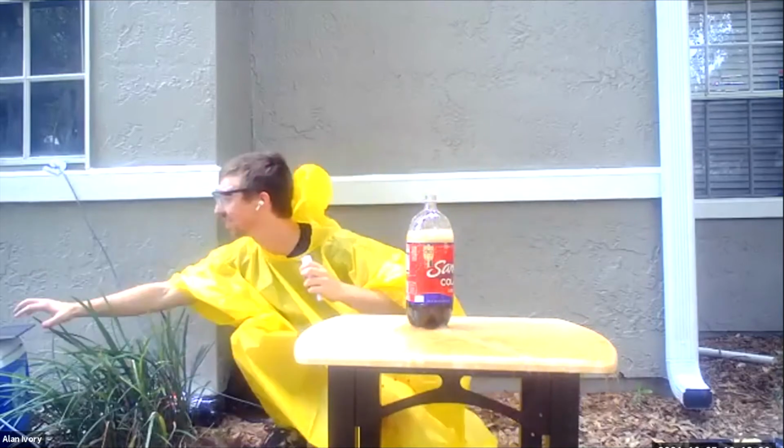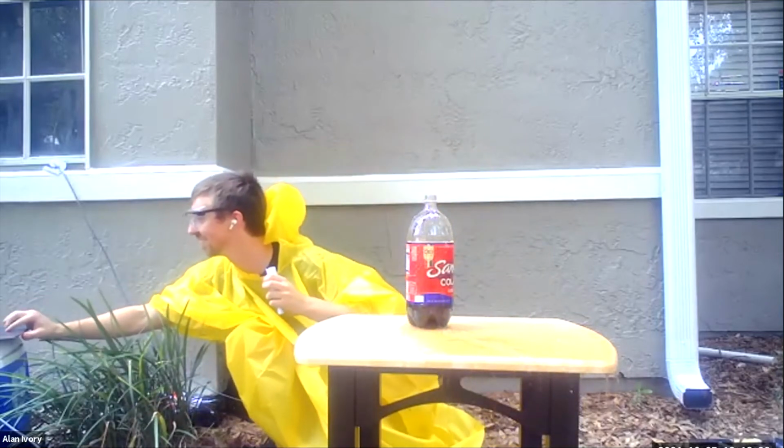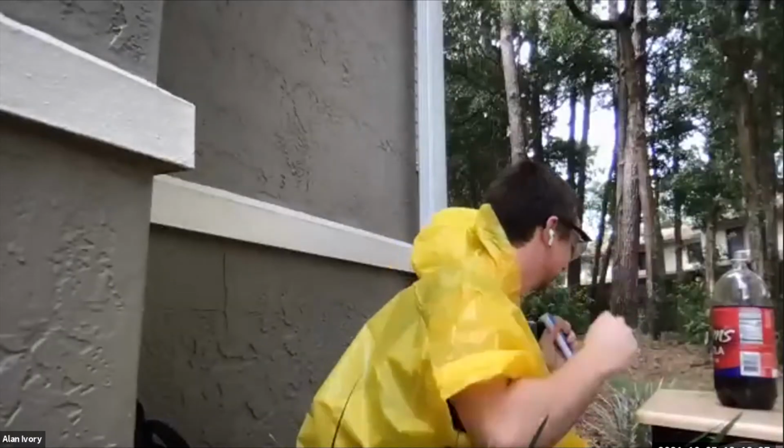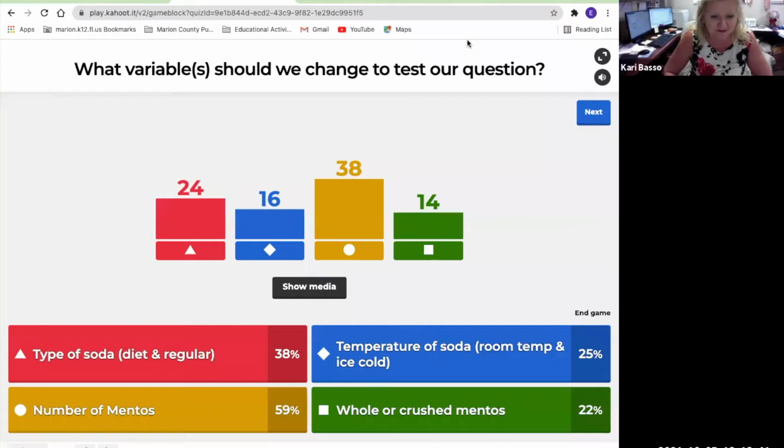I think that one might be taller. I don't know. We changed 2 different things. I don't know what we can decide on that. You want to take it away? Yes. So, students, what do you think changed the height of the geyser? Can we know? We changed the kind of soda and we changed the number of Mentos.